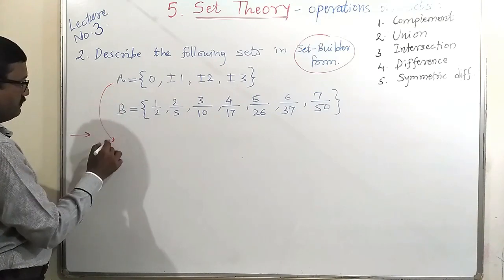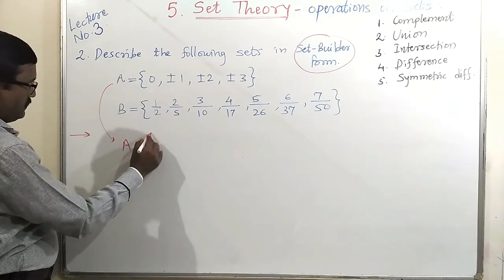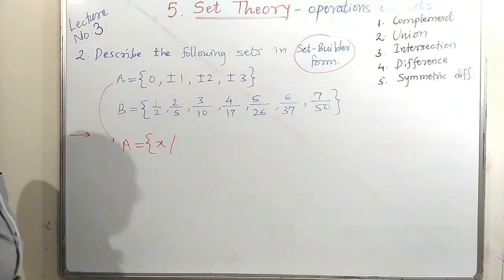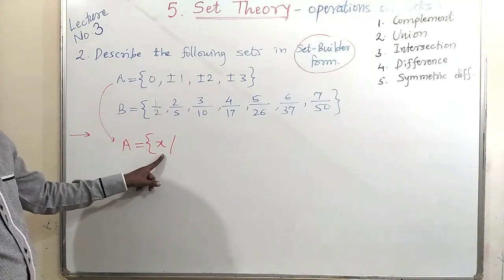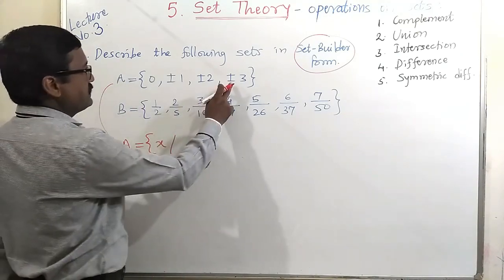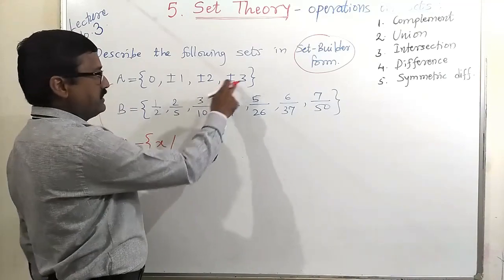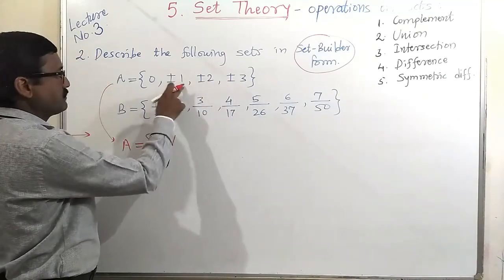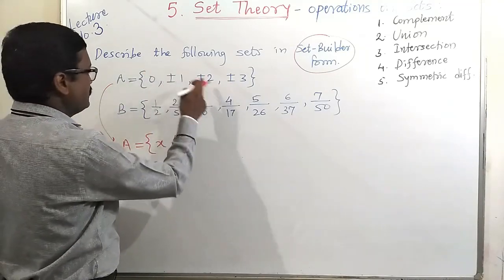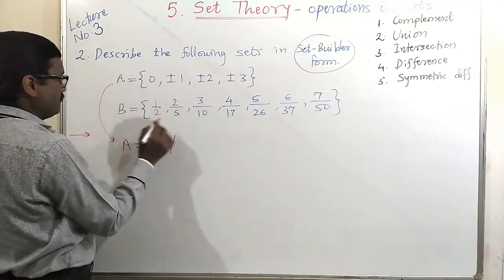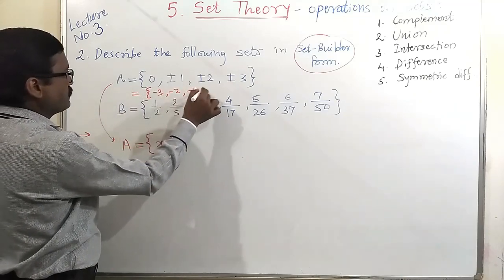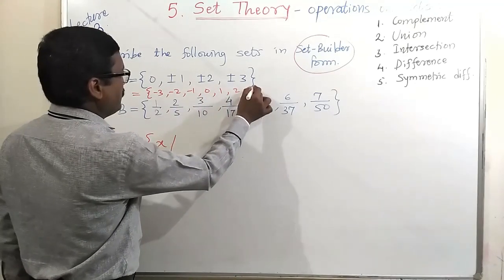So we can write the given set A. It's a set of all elements x in set builder form. We write the formula. Here you have to find the condition for this x. Here the smallest integer is -3, -2 is more than that, -1 is greater than -2, 0 is greater than -1, 1 is greater than 0. So these elements are nothing but -3, -2, -1, 0, 1, 2 and 3.